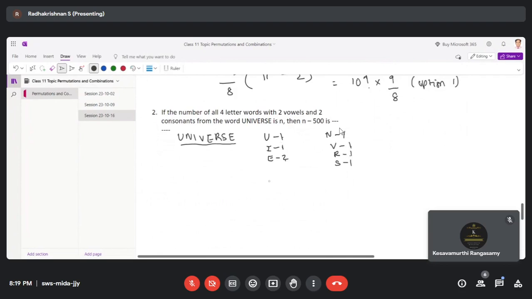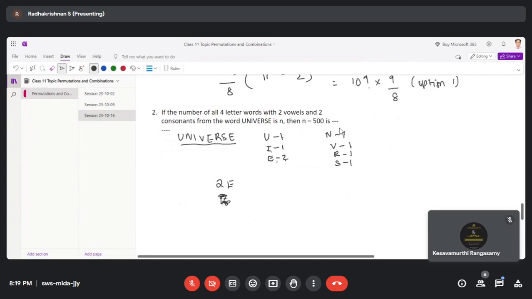It's a little tricky because either we can pick up 2 E's, or we can pick up 1 E and along with that 1 I or U, or U and I. So when we pick up 1 E, we can pick up the remaining as E and the remaining 3 letters are there, right? Because there is another E, and I and U.